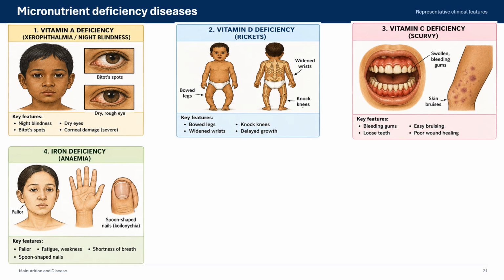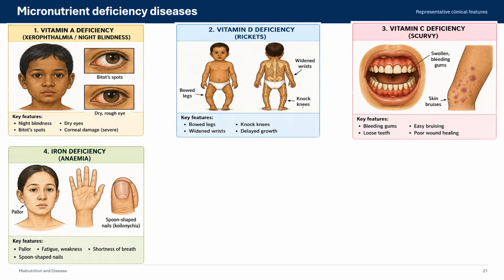It commonly results from inadequate dietary iron intake, chronic blood loss, infections such as hookworm infection, increased nutrient requirement during pregnancy, poor iron absorption, and so on.